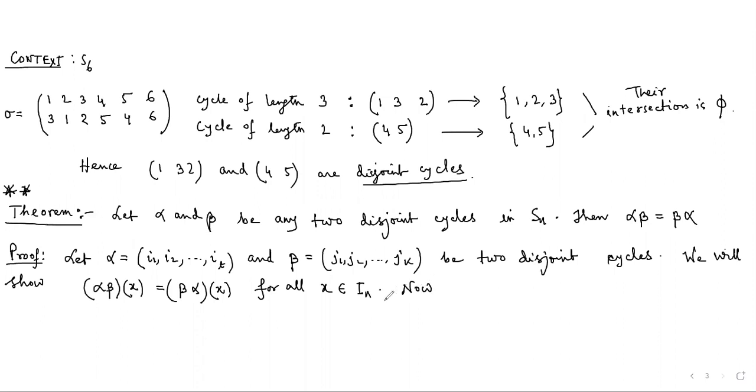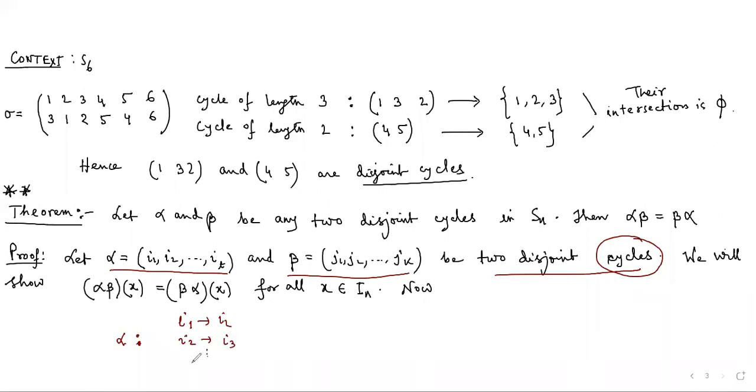Now, since alpha and beta are disjoint cycles, we can express them in the following manner. With respect to alpha, I1 goes to I2, I2 goes to I3, and in this manner, IT minus 1 goes to IT, IT goes to I1.